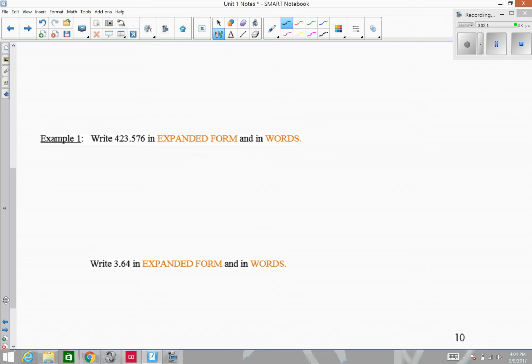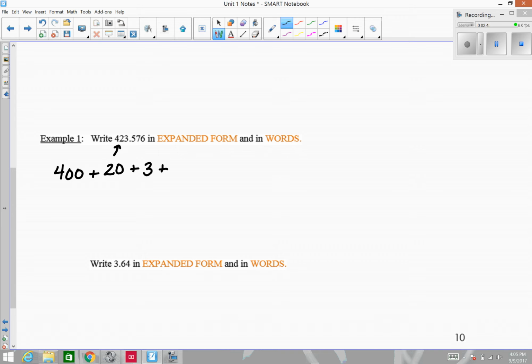So here we go. I'm going to practice with this first example, 423.576. In expanded form, that means that we are writing these down as, well, let's see here, we have 4 in the hundreds place. So I would write this in expanded form as 400 plus the 2 in the tens place means I have 2 times 10 or 20 plus 3 in the ones place plus, now I'm going to start with the decimal values.